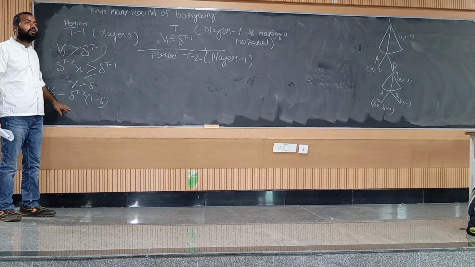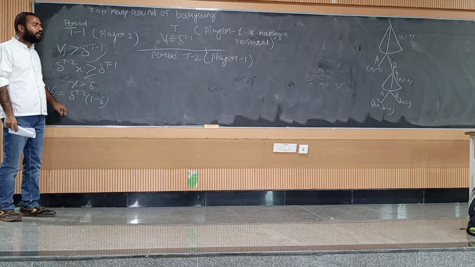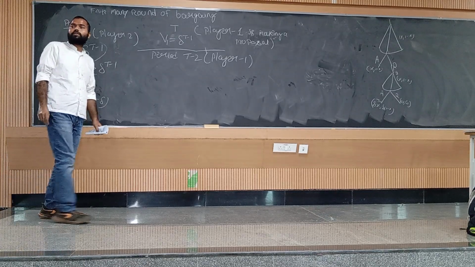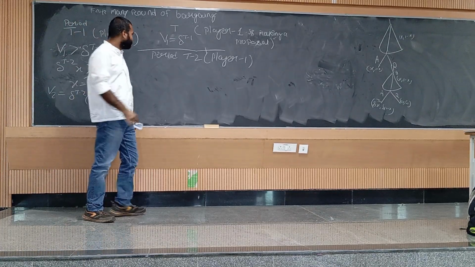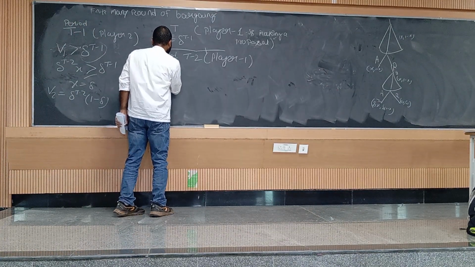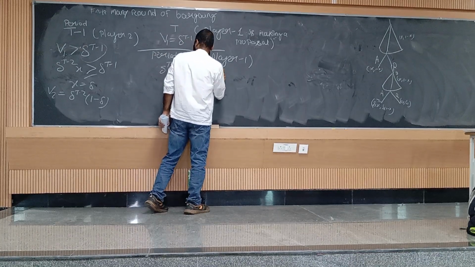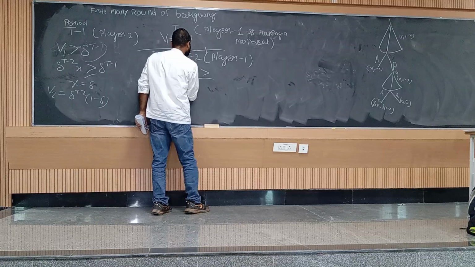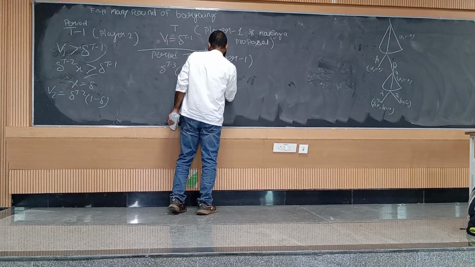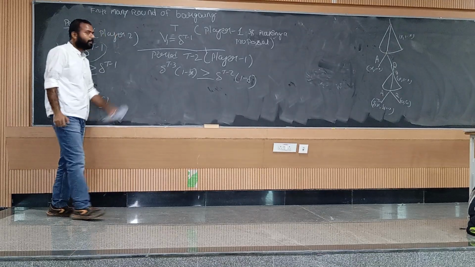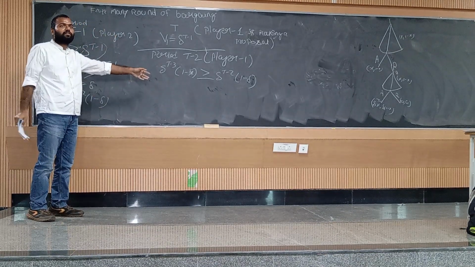Delta^(t-2), delta^(t-3) minus 3, into 1 minus x, should be greater than or equal to delta^(t-3). Right. And anyone else? Same. So delta^(t-3) should be equal to... can you solve? From here we can get the value of x.